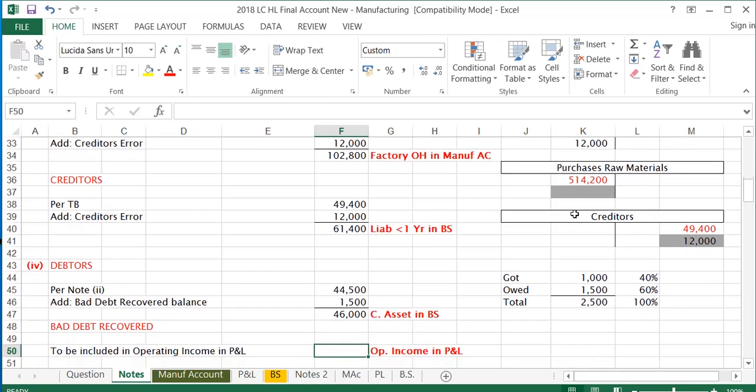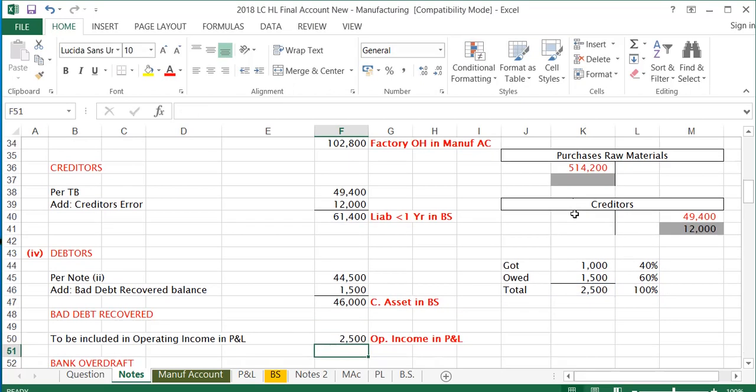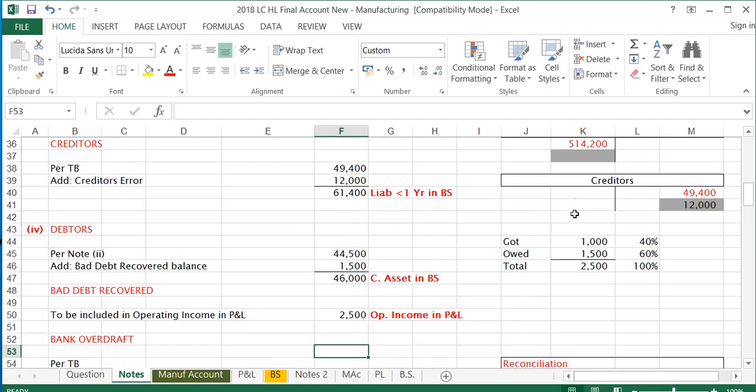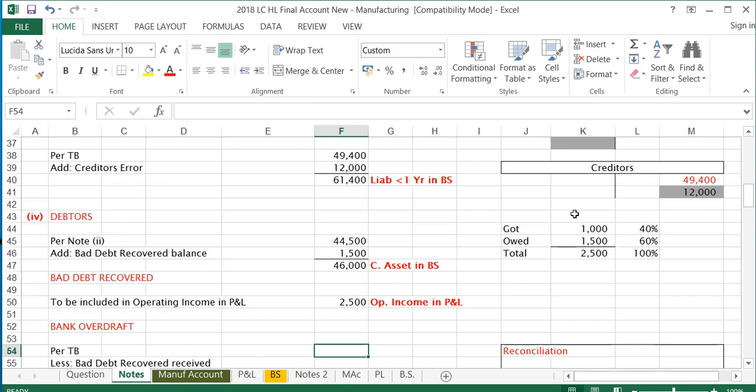The bad debt recovered, I got €1,000, he's going to give me the other €1,500, so in total the bad debt recovered is going to be 2,500, and that 2,500 will go as operating income in the P&L. The 1,000 that I received will reduce my bank overdraft. So from the trial balance, as we saw already, the bank overdraft in the trial balance is 43,600.